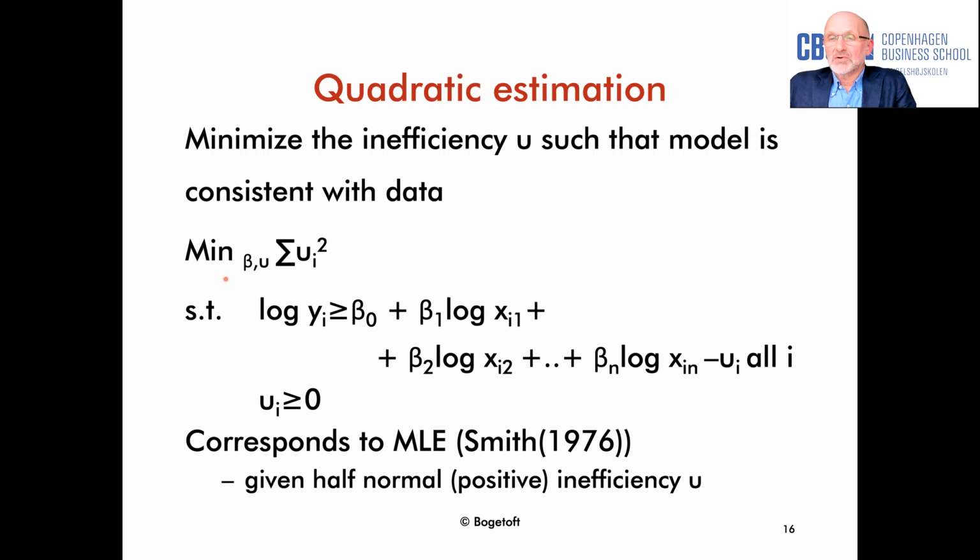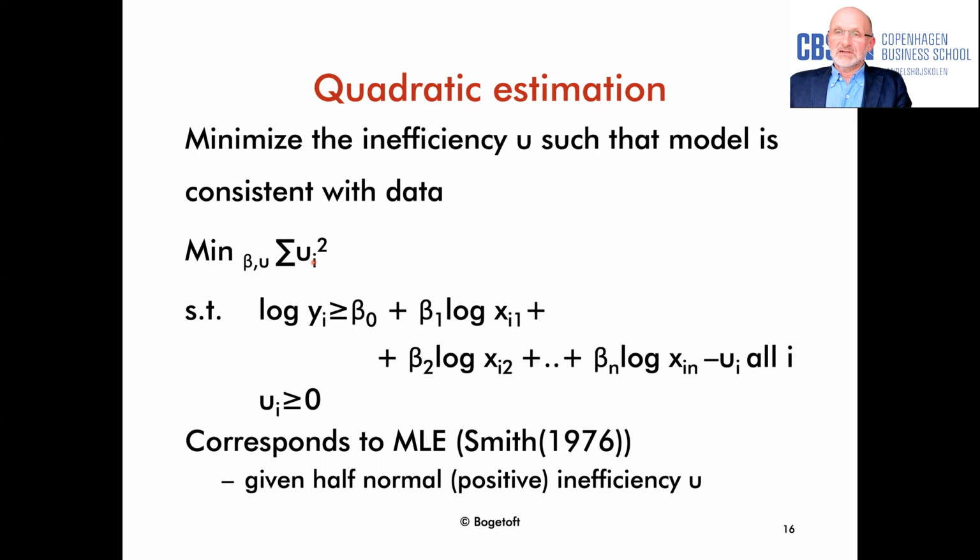Some other people have proposed to use not just the absolute deviation from the model, but to find a model and then to measure the distance up to the points below, and then to square those differences, and then to minimize that sum of the squared differences. And that is accomplished by minimizing this here. This is now a quadratic programming problem, because we have quadratic terms up here. But otherwise, it's also a perfectly nice mathematical program, and one that is easy to solve.